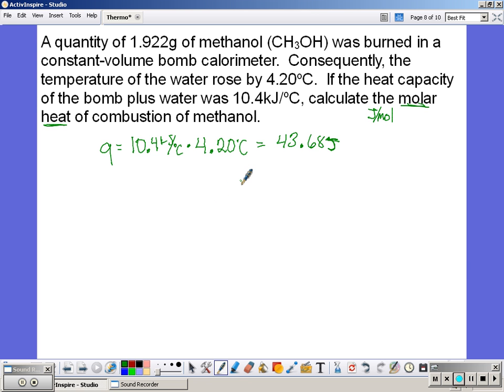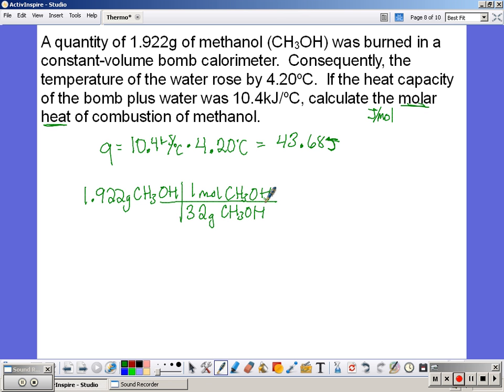Now I just need my amount of moles. So 1.922 grams of CH3OH. That's 32 grams for every 1 mole. That gives me 0.06006 moles.